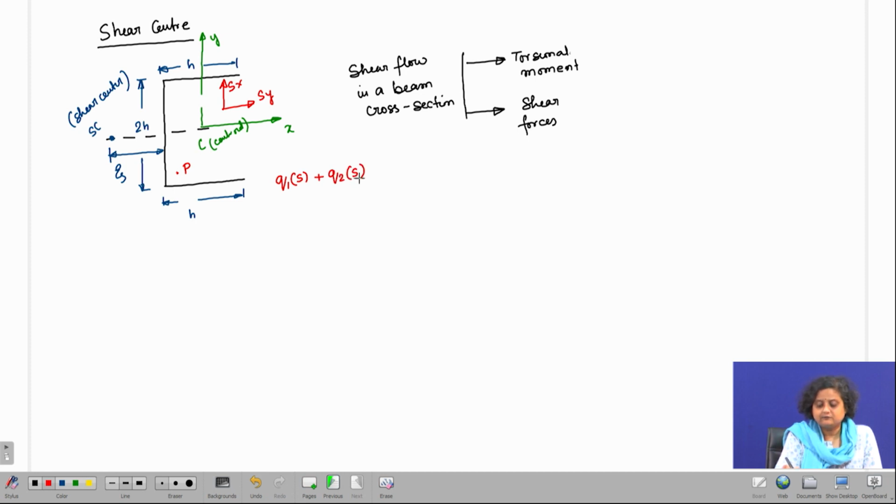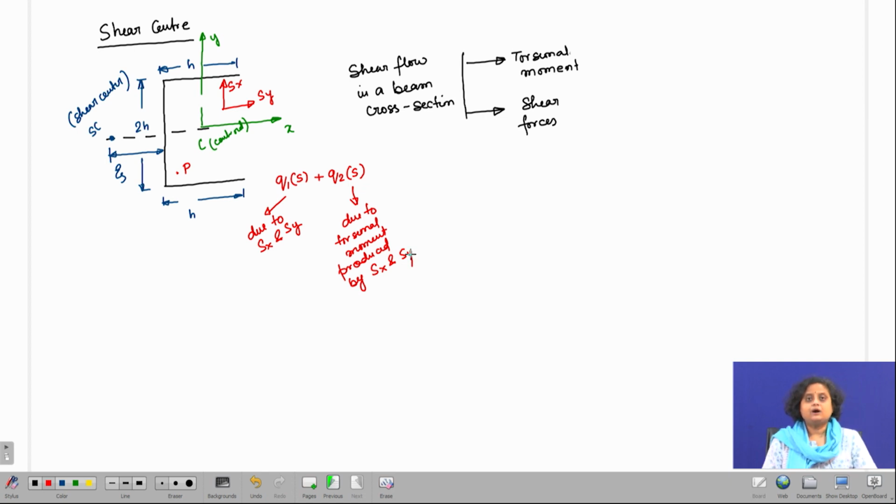This shear flow would be due to Sx and Sy, and this shear flow will be due to the torsional moment produced by Sx and Sy.